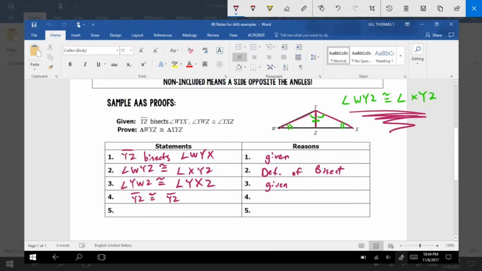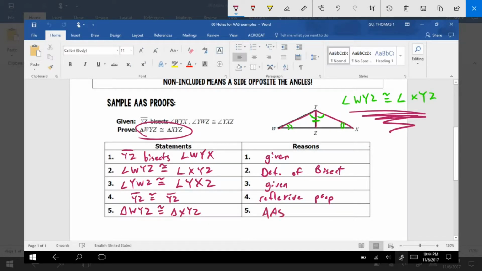It is the reflexive property. And now we've shown that we have two angles and a side that are congruent in these two triangles, which means that our proof right here, triangle WYZ is congruent to triangle XYZ is true because why?